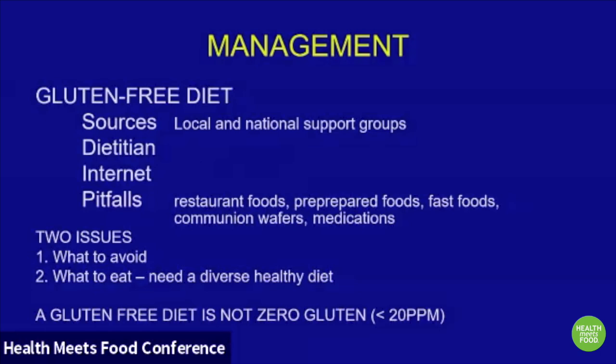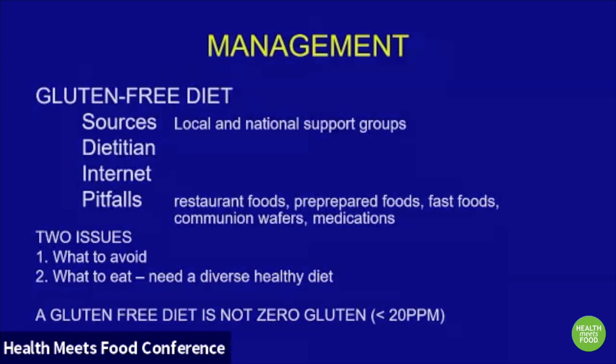So the management is a gluten-free diet, and people get the information from different sources. The most important is from a registered dietitian who's knowledgeable in celiac disease. There are pitfalls. Like we looked at contamination of food in restaurants.